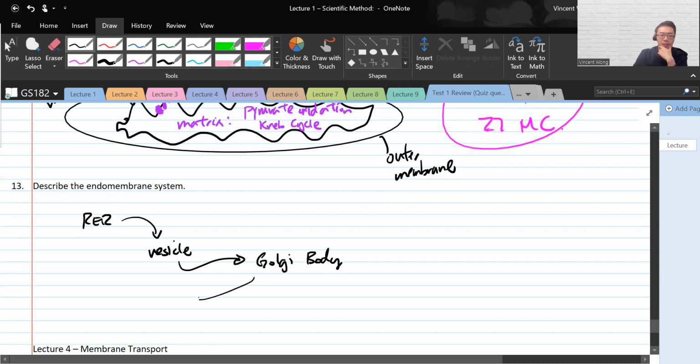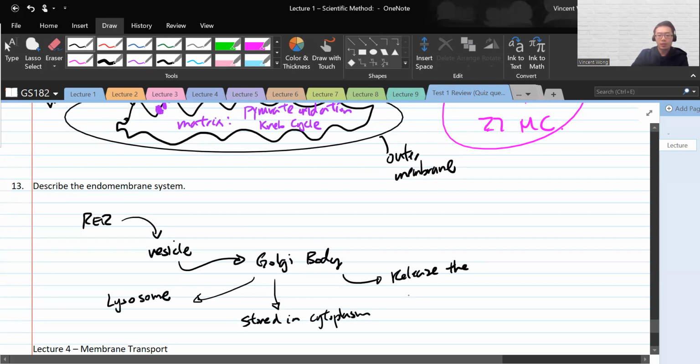From the Golgi body, it might become a lysosome, or a vesicle storing protein in the cytoplasm until you need it. You might release the protein out of the cell by exocytosis, or it might become a membrane protein.